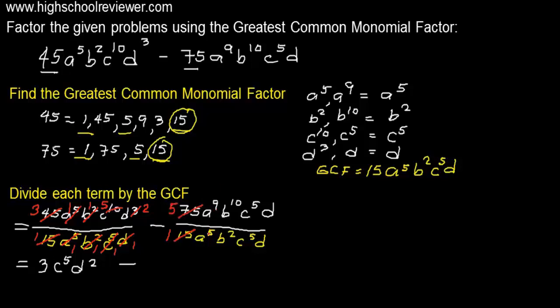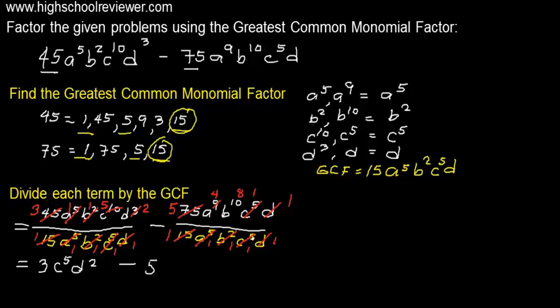And then a raised to 9 all over a raised to 5, this will be 1, and this will be 9 minus 5, which is 4. B raised to 10 over b raised to 2, this will now be 1, and 10 minus 2 is 8. C raised to 5 all over c raised to 5 will be equal to 1, and d all over d is 1. So what will be left for the second term is 5.